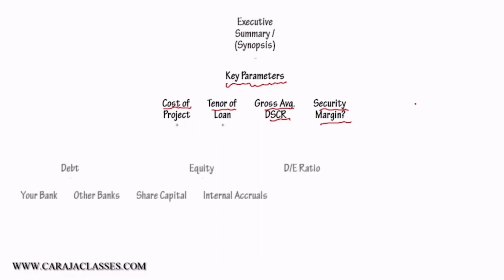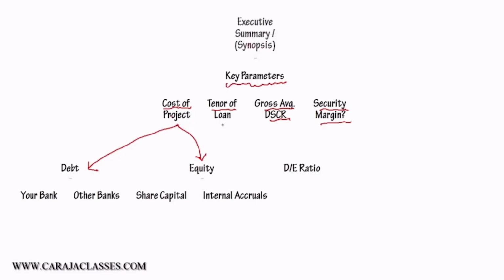When it comes to cost of a project, how much of this project is funded by debt, how much is being funded by equity? That's what bankers are interested in knowing. I mean, the sanctioning authority is interested in knowing at the executive summary level.